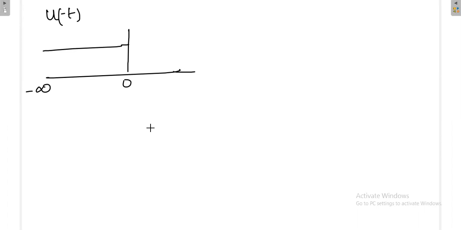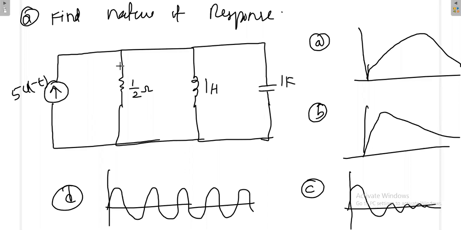That means this source is connected to the circuit up to t equals 0, and after t equals 0 the source is disconnected. It is similar to having a switch here that is already closed, and you are opening the switch at t equals 0.